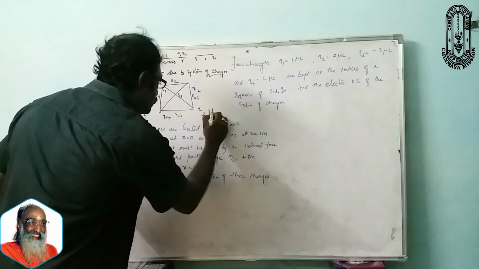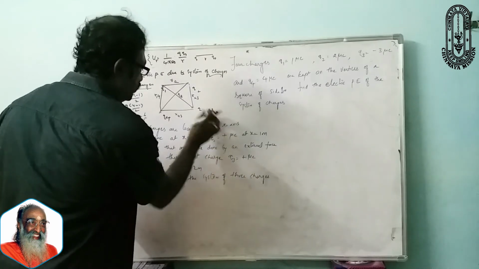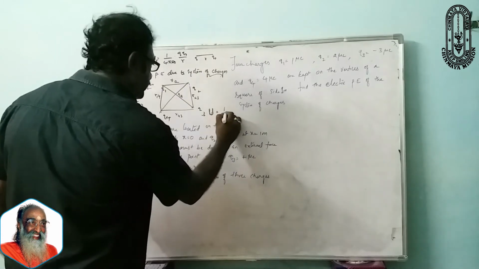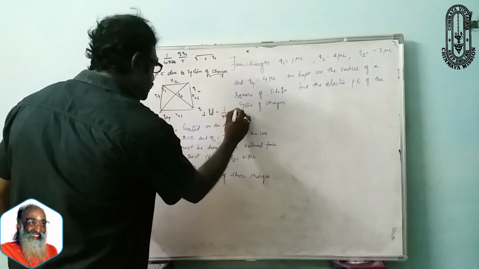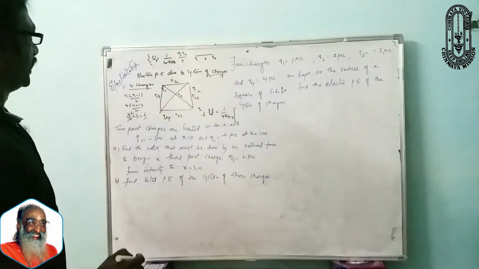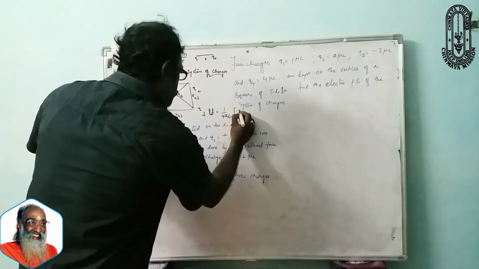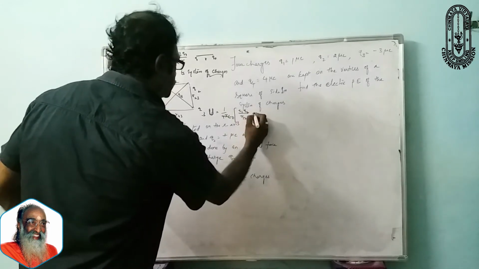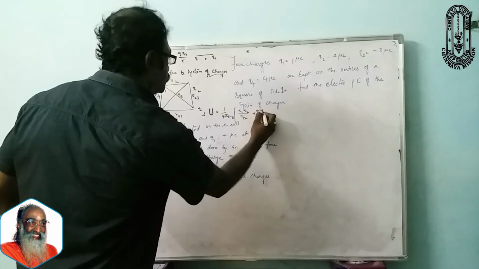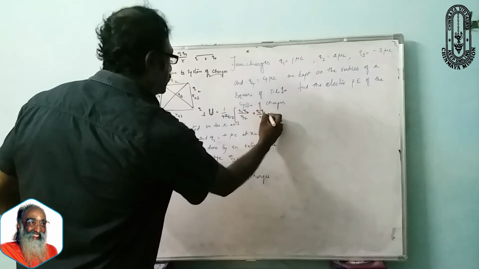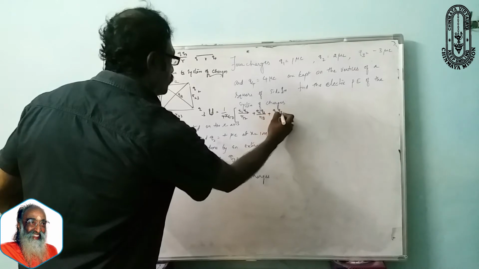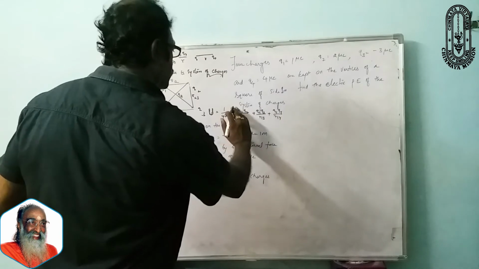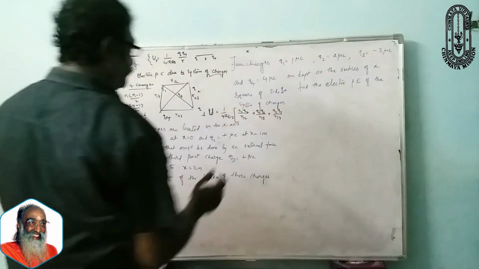So U of the system of charges, the complete U net, we can simply leave as U itself. It is 1 by 4 pi epsilon naught, which is common, times Q1 Q2 by R12, plus Q1 Q3 by R13, plus Q1 Q4 by R14. Now Q1 has paired with all the other three.